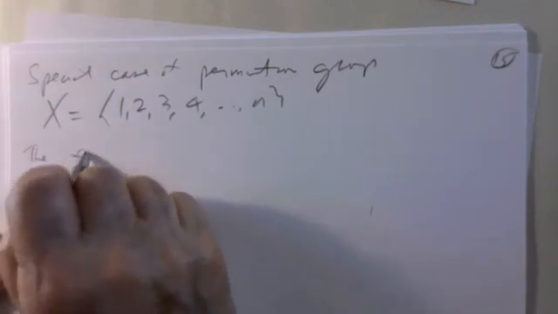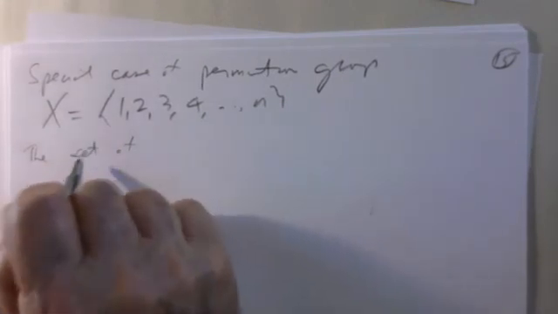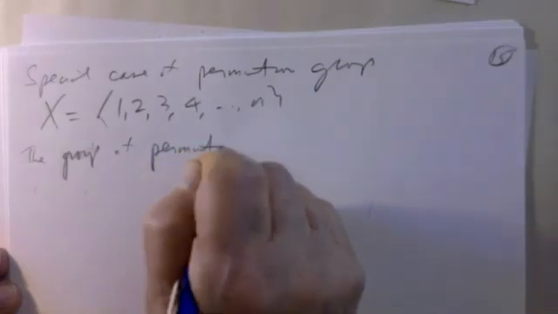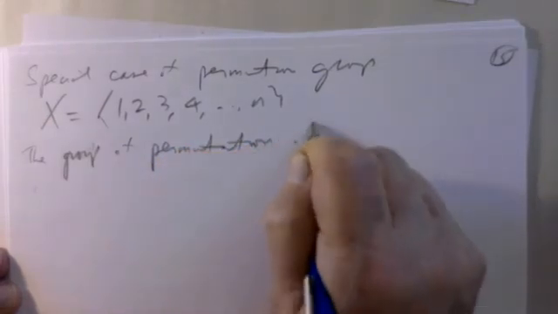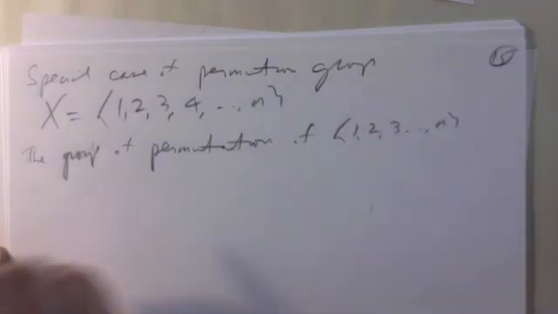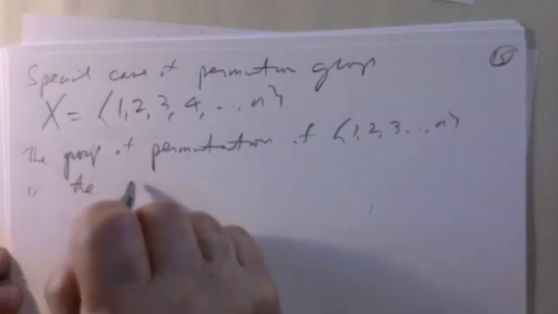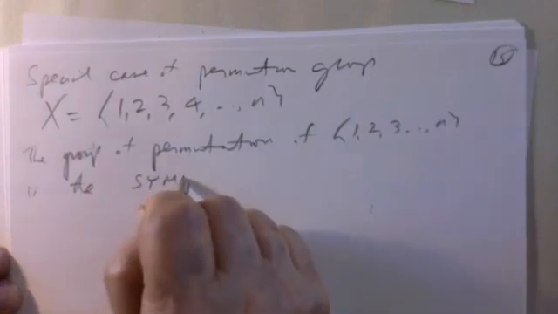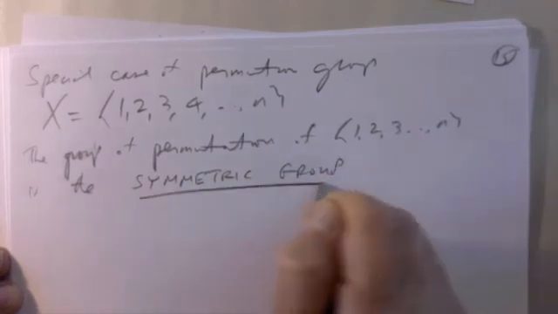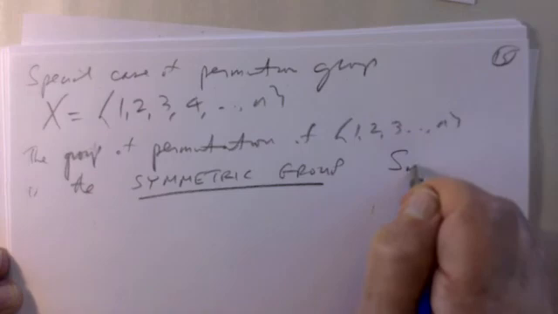So the group of permutations of the set of the first n positive integers is called the symmetric group. And it's denoted S sub n.